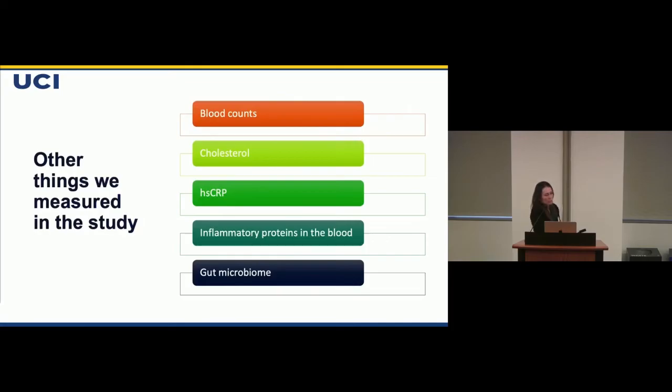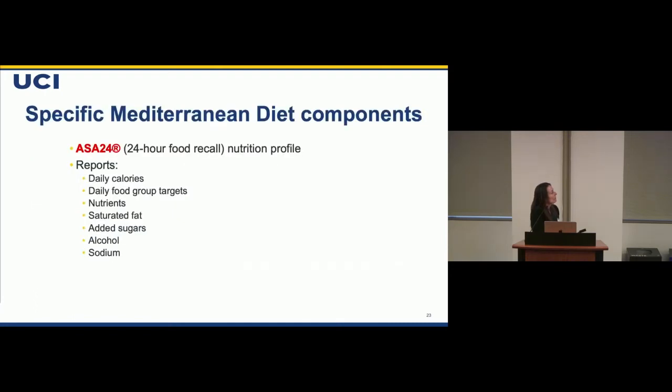And other things that we measured in the study, we measured blood counts. We were not necessarily expecting to see changes in these things, but we wanted to observe them for information for subsequent studies. We looked at cholesterol, high sensitivity CRP, inflammatory proteins in the blood, the cytokines, as well as the gut microbiome.